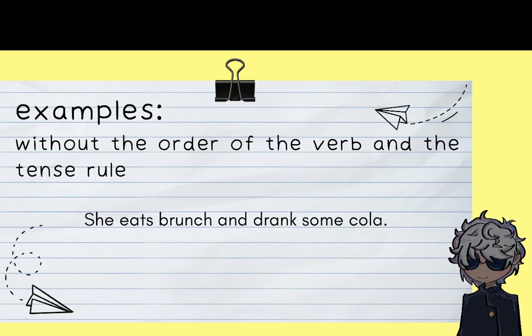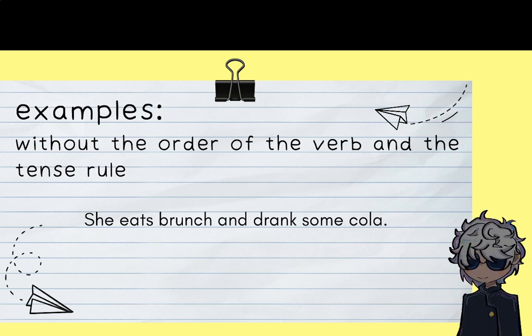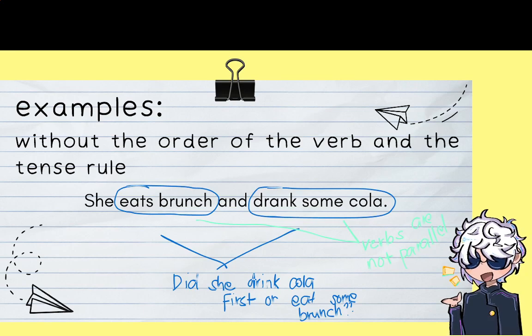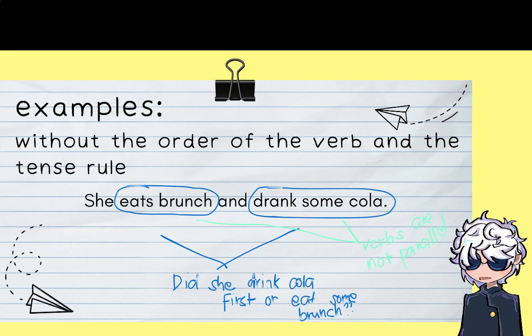For example, this is an example without the order of the verb and tense rule. So, she eats brunch and drank some cola. As you can see, there's already a mistake here in the sentence, and I encircled those mistakes. The mistakes are eats brunch and drank some cola.